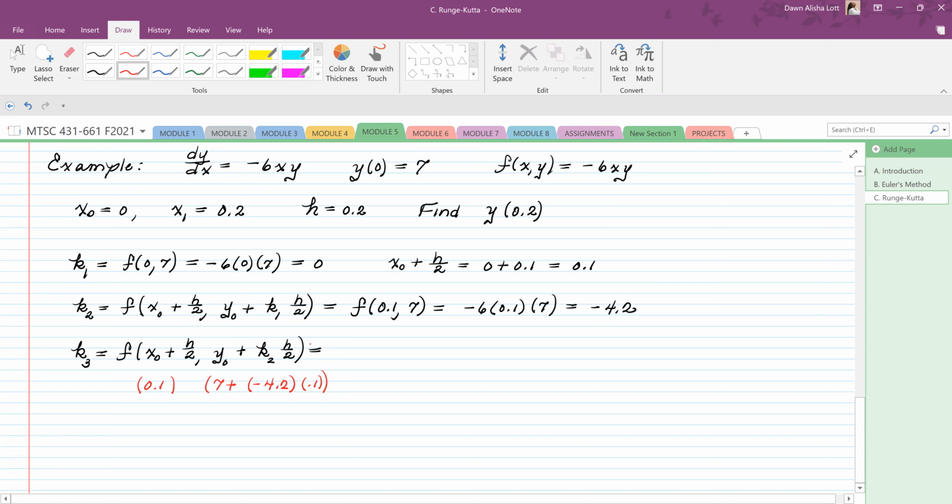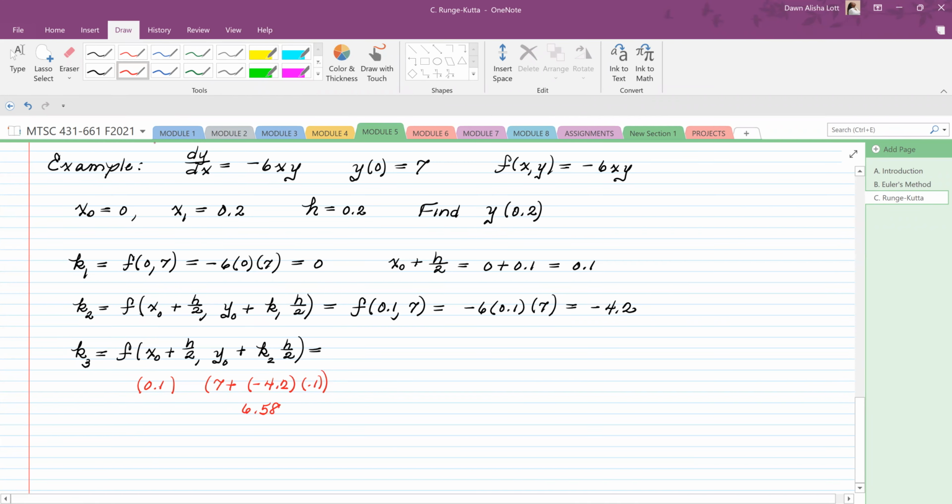So this is 7 minus 0.42. So this becomes 6.58.